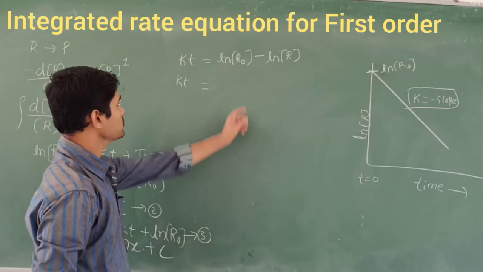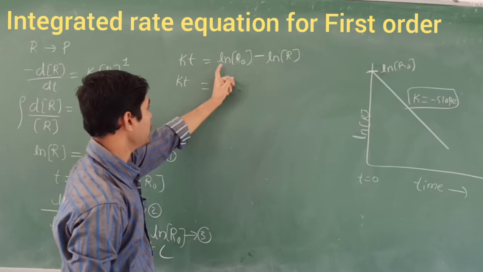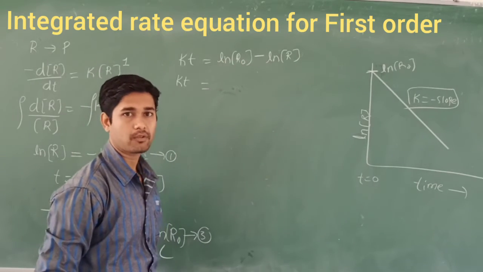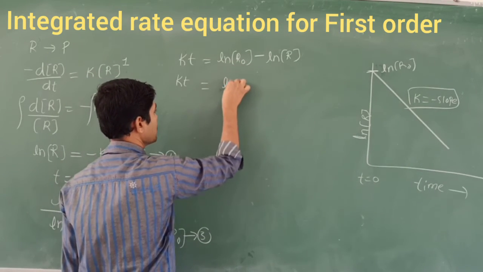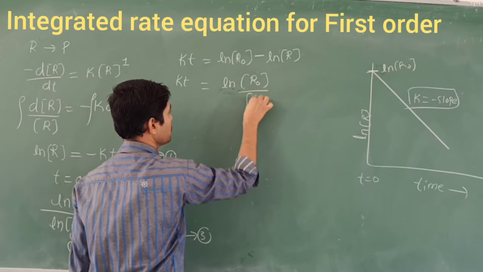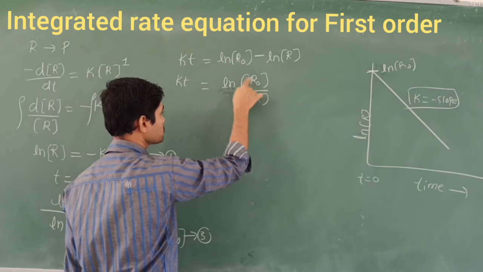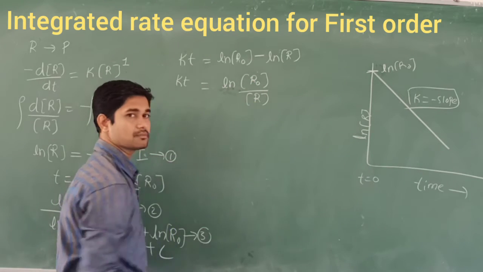Kt is equal to, this is in the form of ln A minus ln B. How do we write it? We write it as ln A by B form.